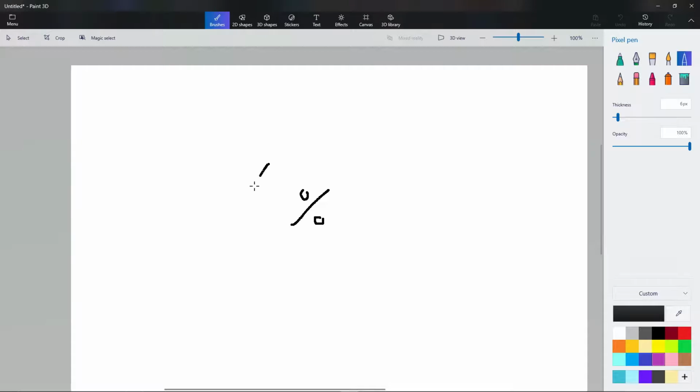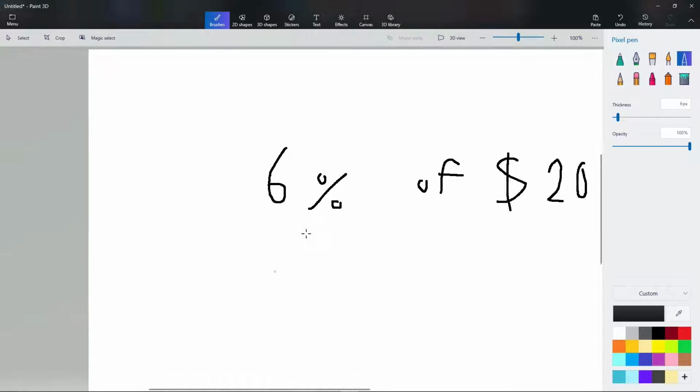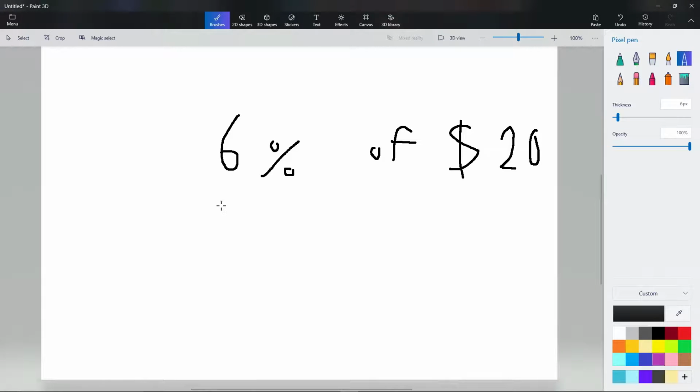So let's say someone asked you for 6% of $20. What that essentially will be asking you to do is to multiply $20, right, by 0.6, or by multiplying the fraction here of the 100.